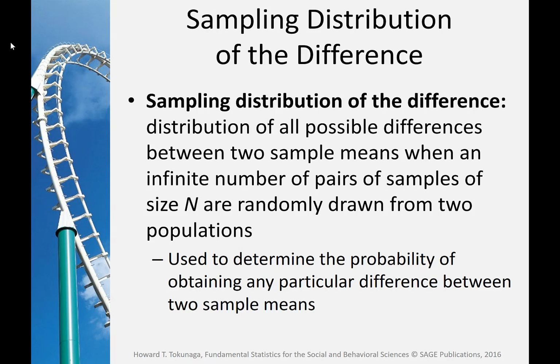Still the same shape, still the same tables, T and Z, depending upon your sample size. New name. The sampling distribution of the difference. It's the distribution of all possible differences between two groups.